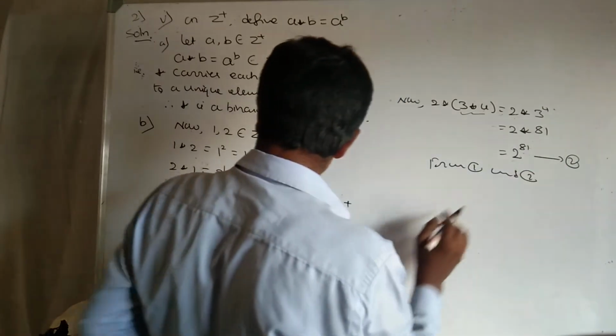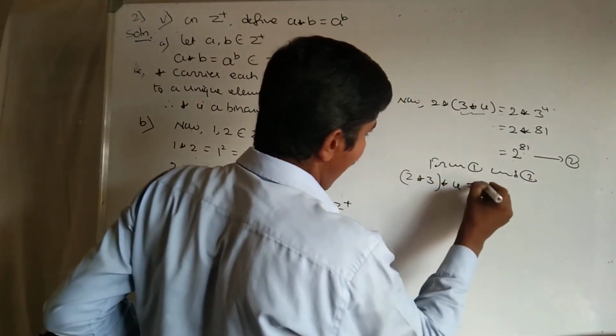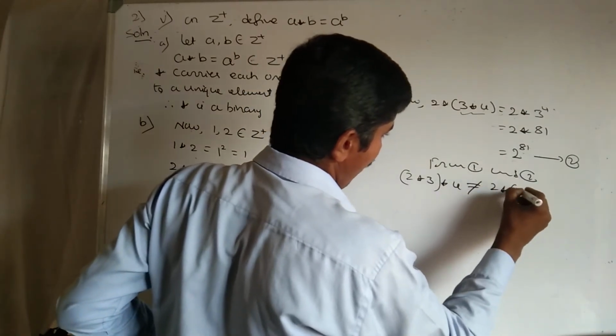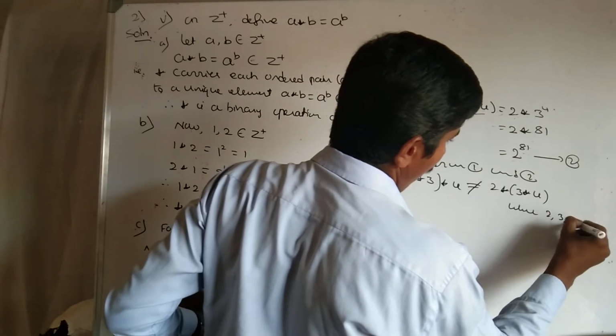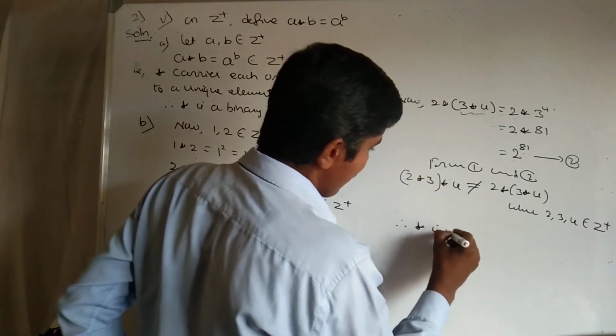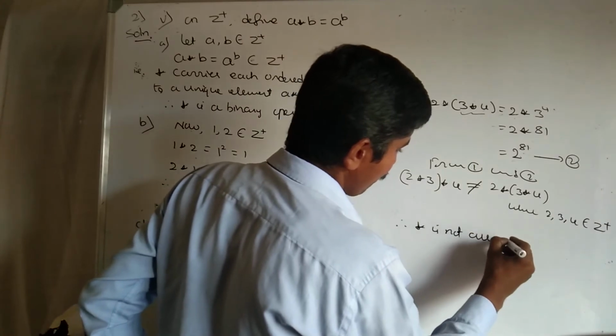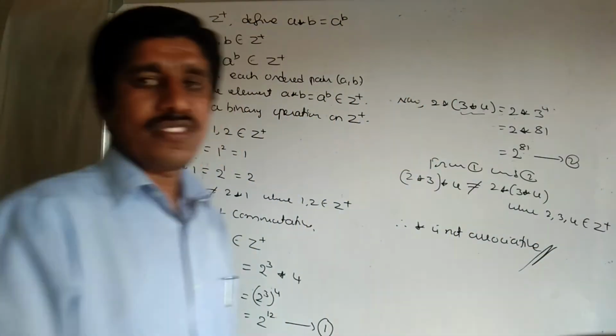So LHS (2 star 3) star 4 is not equal to 2 star (3 star 4), where 2, 3, 4 belong to Z plus. Therefore, star is not associative.